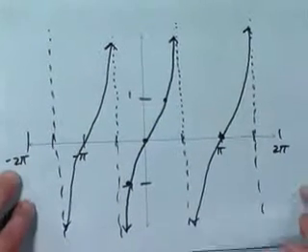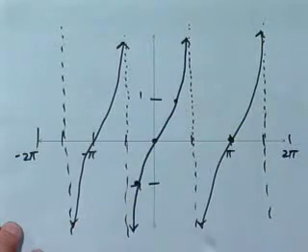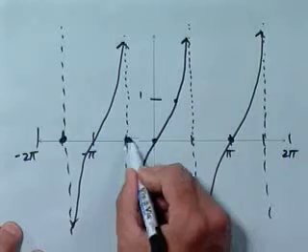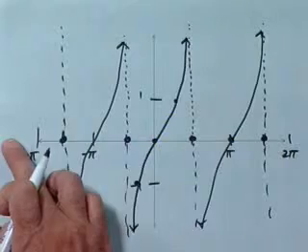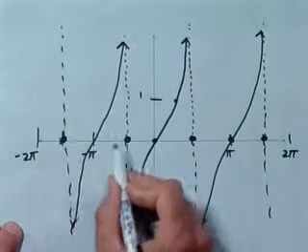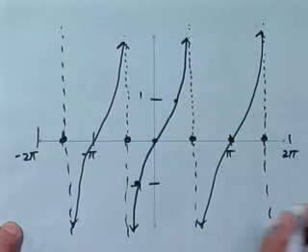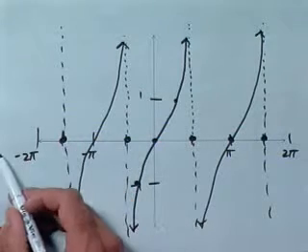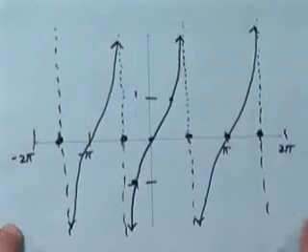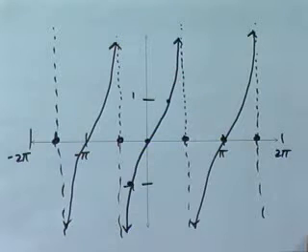Now let's try to figure out what the domain is. Notice I can plug any number into the tangent except these guys. So we have to figure out a way to describe the domain. The domain is going to be all reals except for these points right here. Except for pi halves, 3 pi halves, 5 pi halves, etc. negative pi halves, negative 3 pi halves, negative 5 pi halves, negative 7 pi halves, etc. So the domain is going to be all x values except odd increments of pi halves.